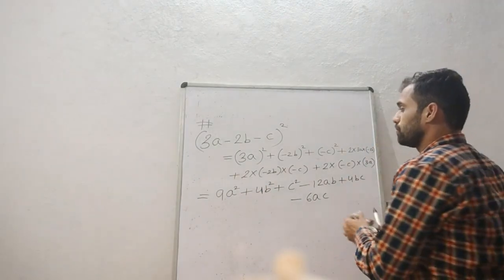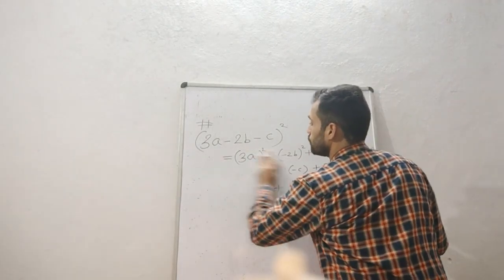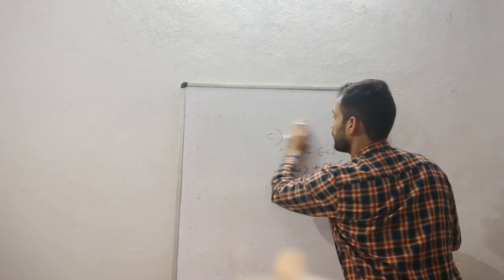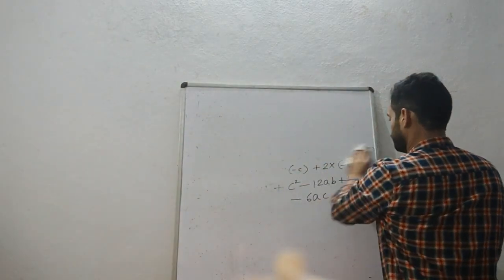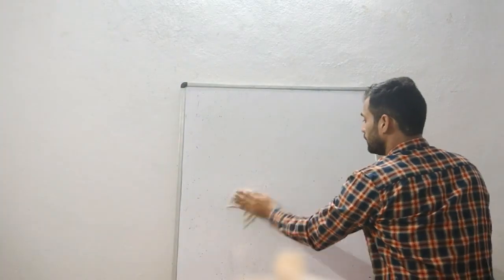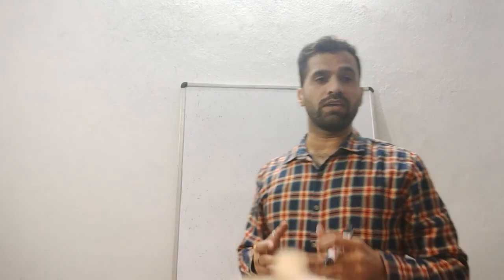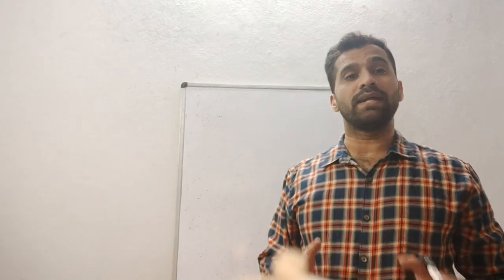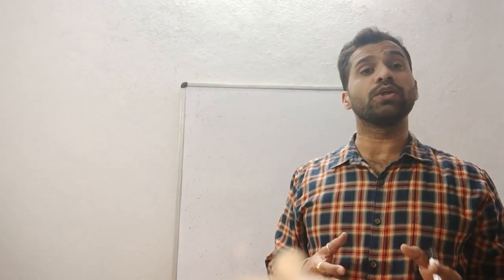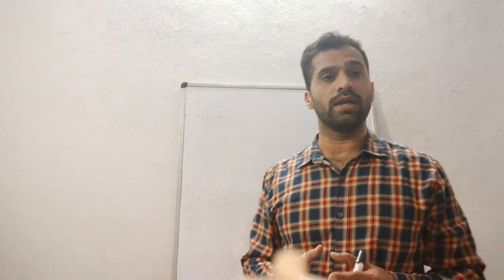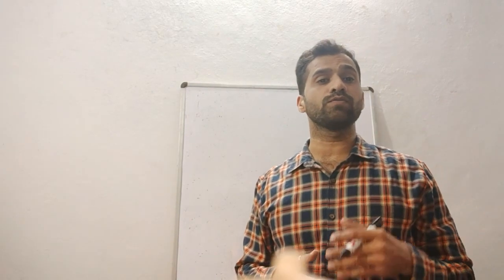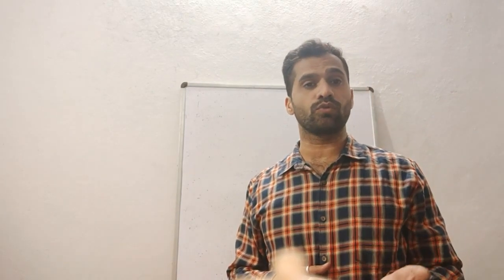Now we will understand one more identity. Suppose in the previous first video of this chapter, we were given 102 and we split 102 into 100 plus 2, and we found the square of that.